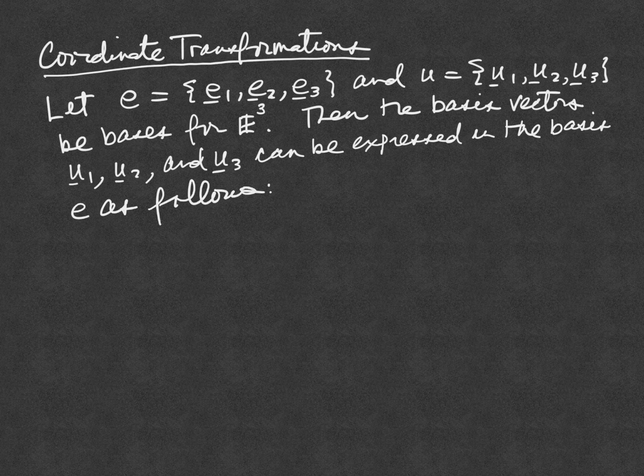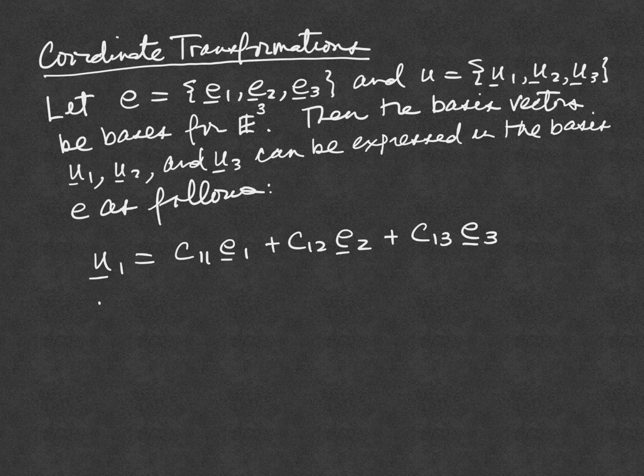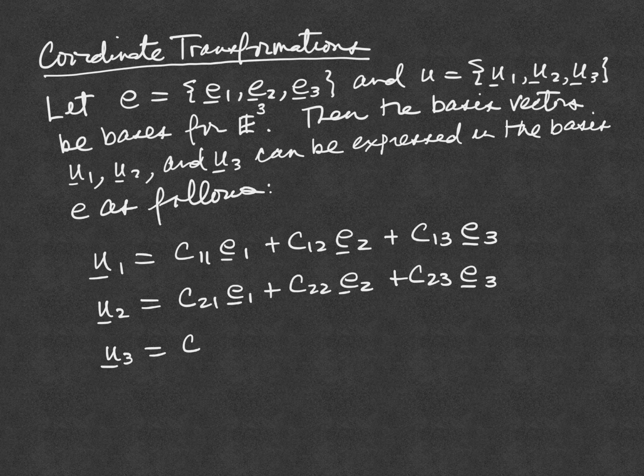We can say that U1 is equal to C11 E1 plus C12 E2 plus C13 E3, and U2 is equal to C21 E1 plus C22 E2 plus C23 E3, and then U3 is equal to C31 E1 plus C32 E2 plus C33 E3.